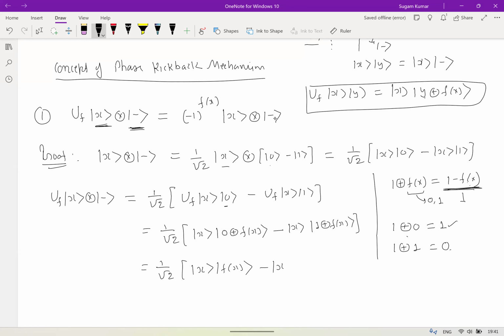Sir, one question. Just a minute. And this is nothing but 1 minus fx. Yes, please. The question is for binary addition. Due to binary addition, 1 binary addition 0 is going to be 1. Exactly. But 1 binary addition 1 gives 0, I can understand this.